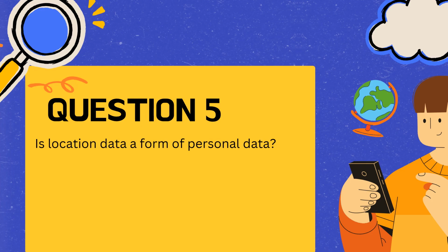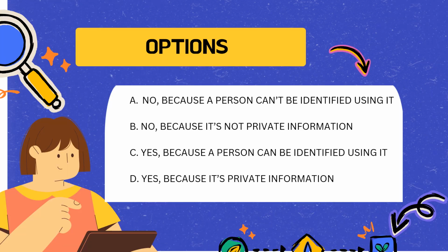Question number 5. Is location data a form of personal data? So the options are option A, no, because a person can't be identified using it. Option B, no, because it's not private information. Option C, yes, because a person can be identified using it.